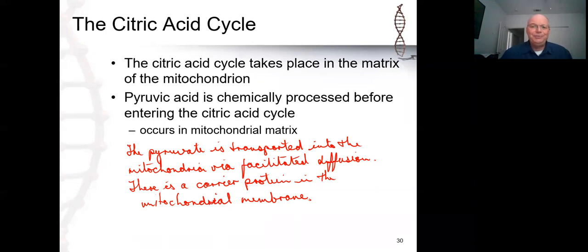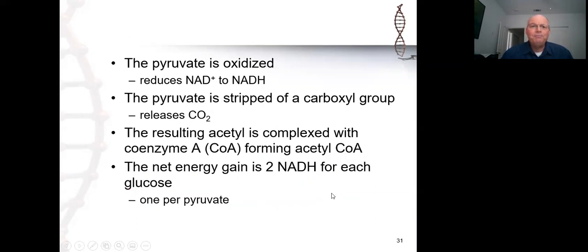So facilitated diffusion makes sense because you've got a gradient, but the molecule is too big and it is charged. It's the pyruvate ion of pyruvic acid. So as an ion with a charge on it, it's not getting across the membrane without some help. And so facilitated diffusion makes perfect sense here. And so there is a carrier protein that specializes in moving the pyruvate into the mitochondria.